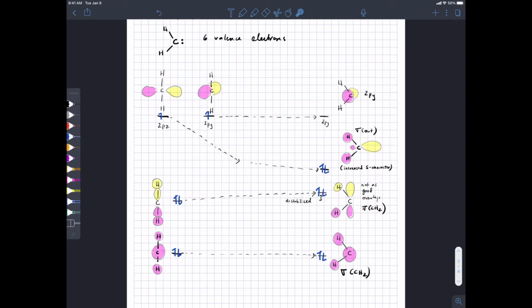And so in the bent picture of a carbene, your electrons are in this s-rich sigma out orbital, and up here the LUMO is an empty p orbital. In that way, you might imagine that this carbene could be both an electrophile and a nucleophile. This is a high energy lone pair, and this is a relatively low energy empty orbital. And so that has a lot to do with carbene's interesting chemistry.